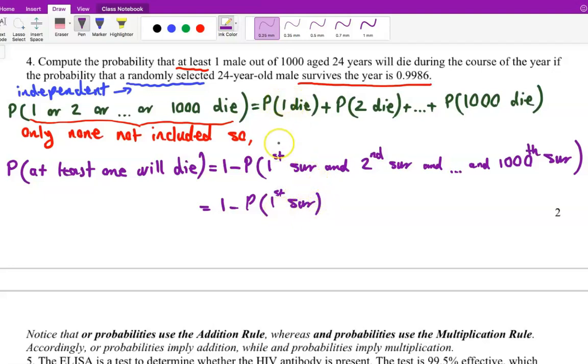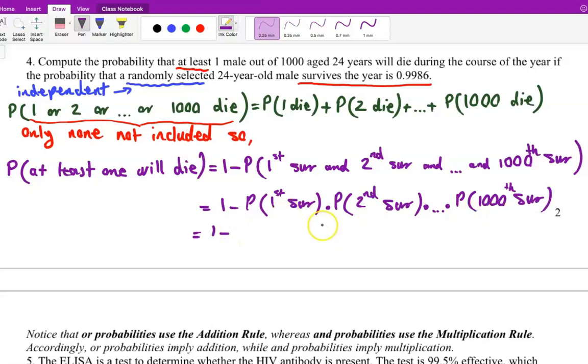the probability of the first one surviving, in between "and," so we have multiplication. Multiply. So here we have multiplication, and I can use power instead.